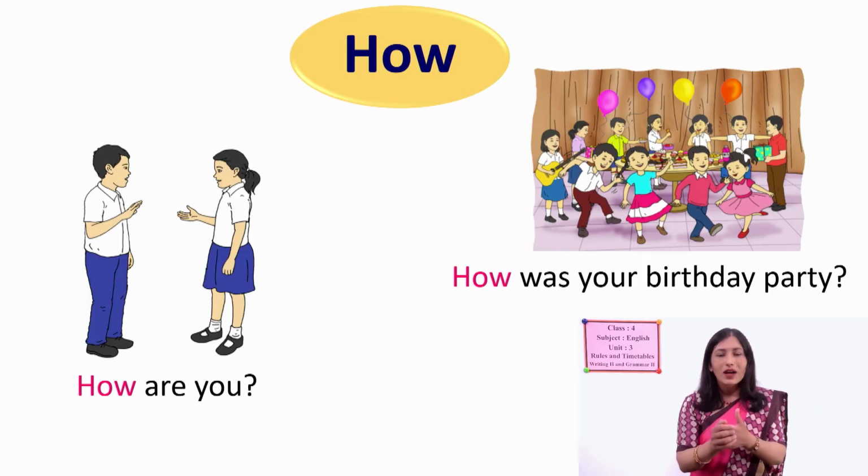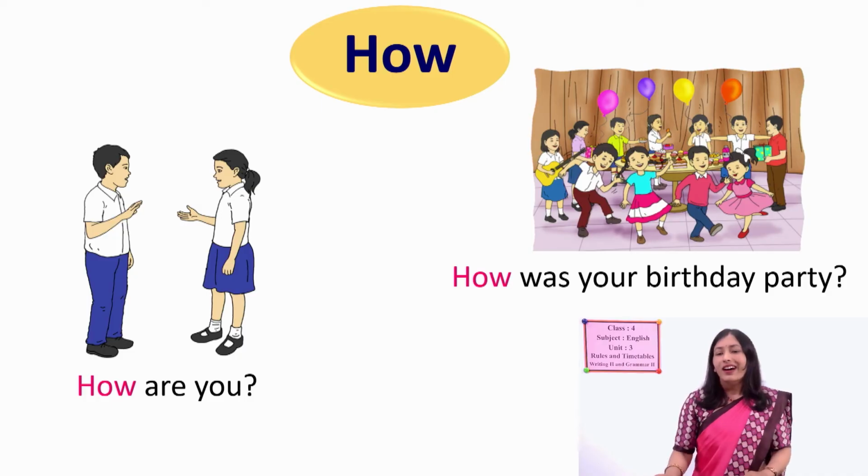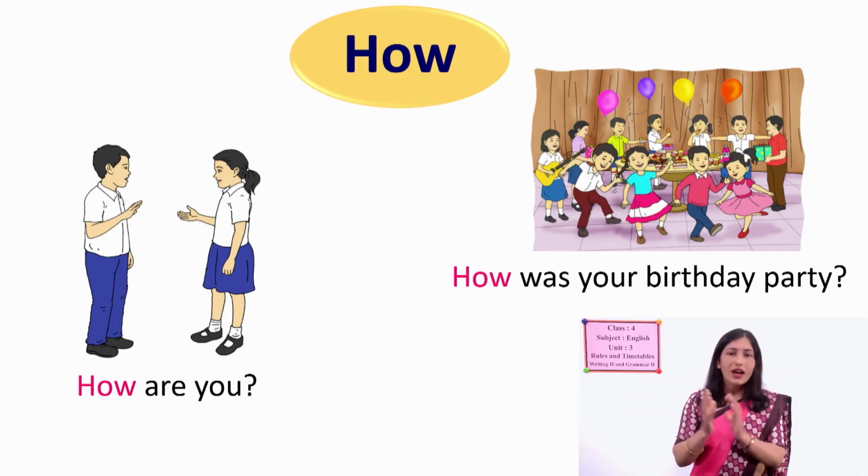Okay, so how are you? Fine. Yes, okay. So how was your holiday? Good. How was your birthday party? Interesting. Lots of fun. Yes? Okay. So how the things happened, to ask about that we use how.